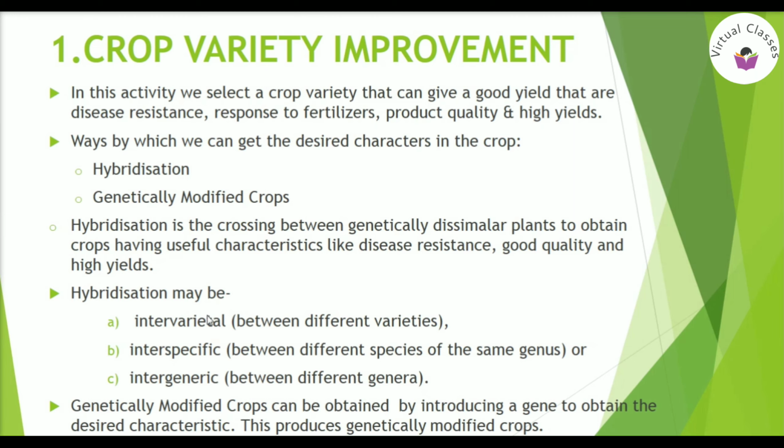Hybridization may be first intervarietal type, that is between different varieties. Second is interspecific, between different species of the same genus, or intergeneric, that is between different genera. Now, genetically modified crops can be obtained by introducing a gene to obtain desired characteristic. This produces genetically modified crops.